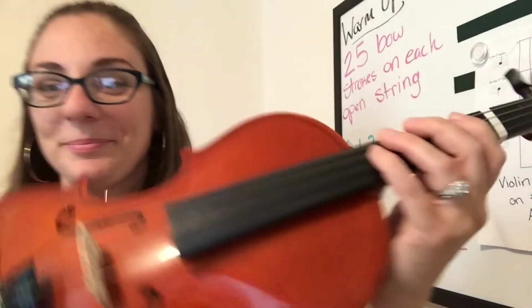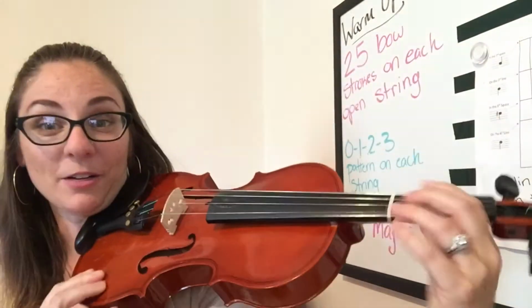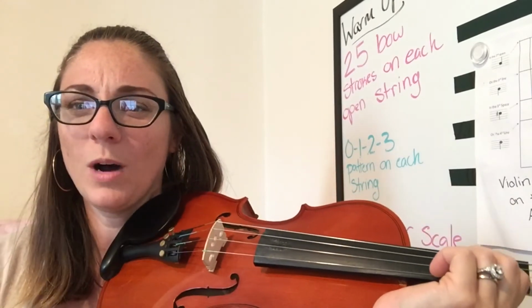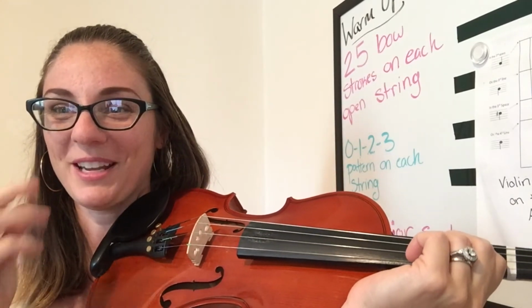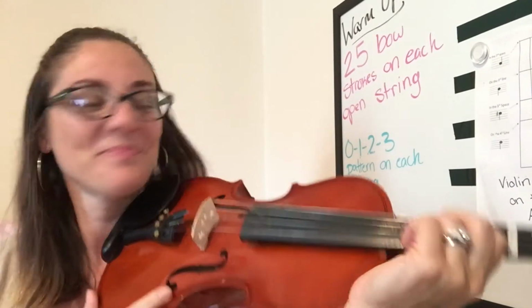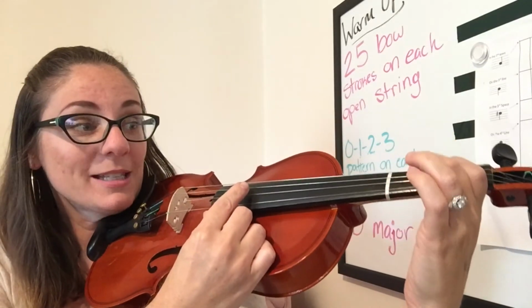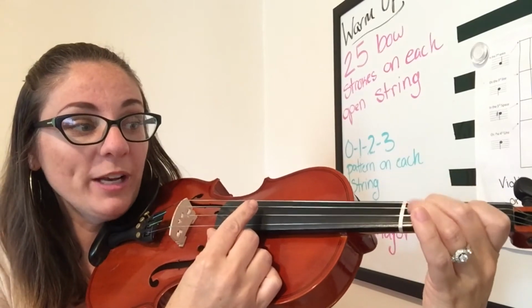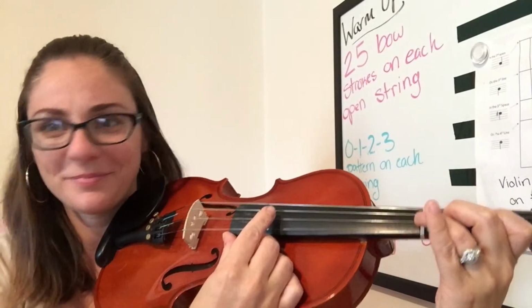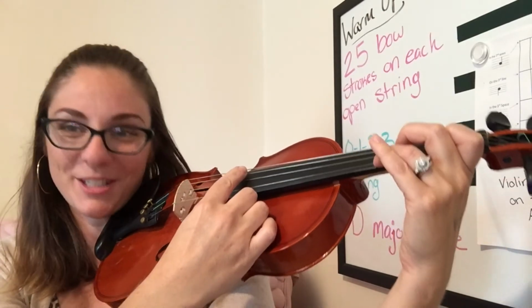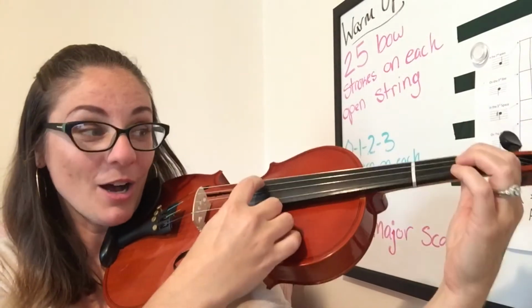So let's pluck. And you can pluck right along with me. We're going to start with our open D, and we're going to go kind of slow, like 1, 2, 3, 4. Ready? Here we go. I'm going to say the letters as I pluck them, because that helps me remember which fingers on which string make which note. Start with open D. 1, 2, ready, go.